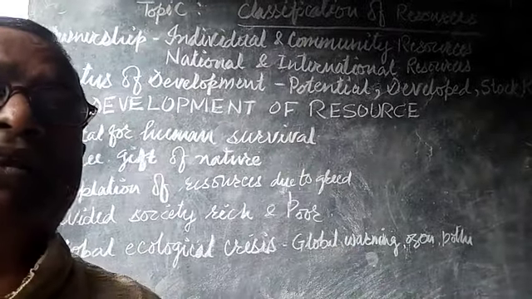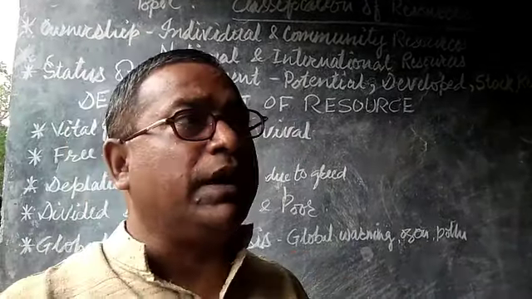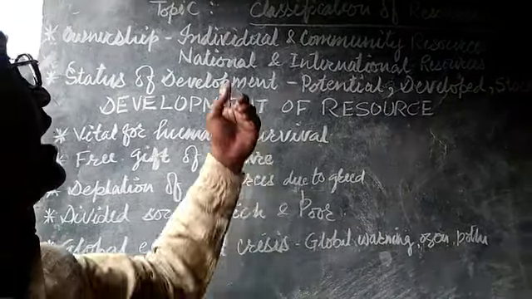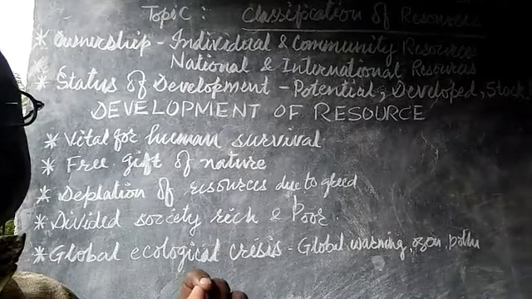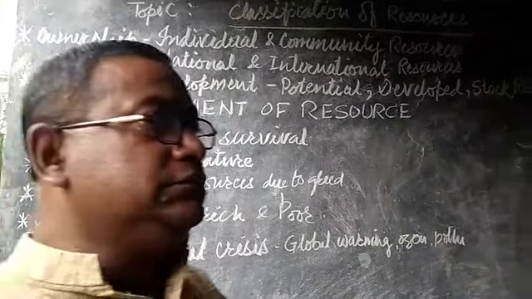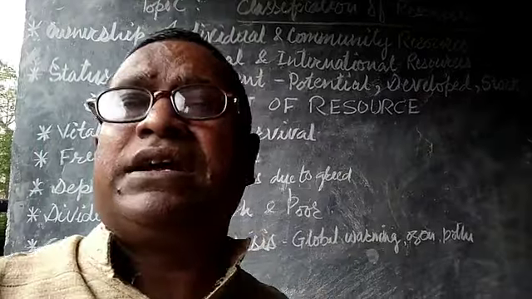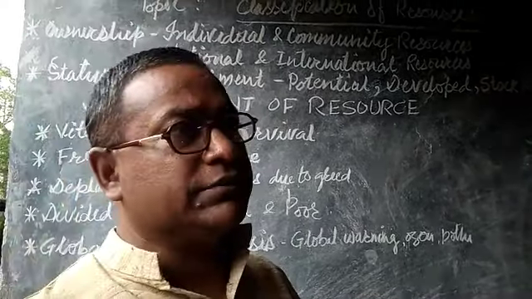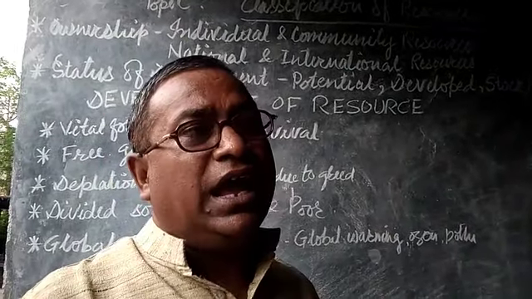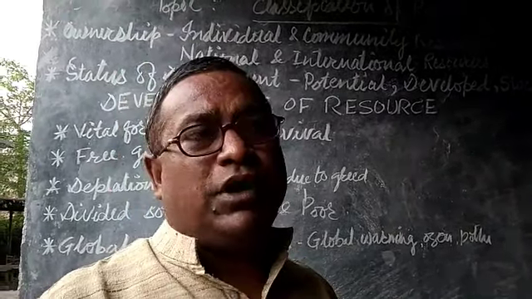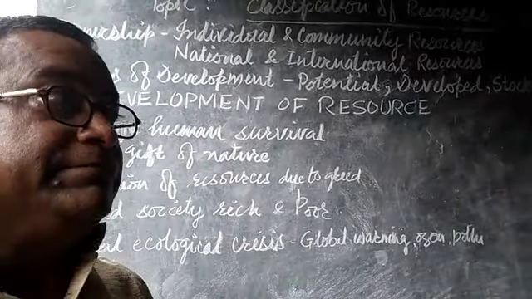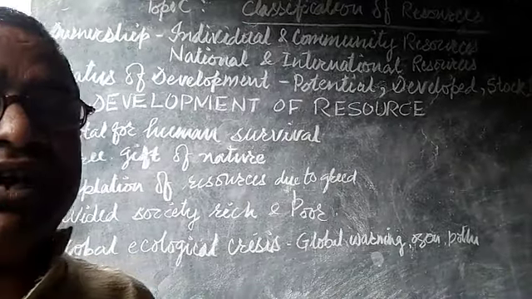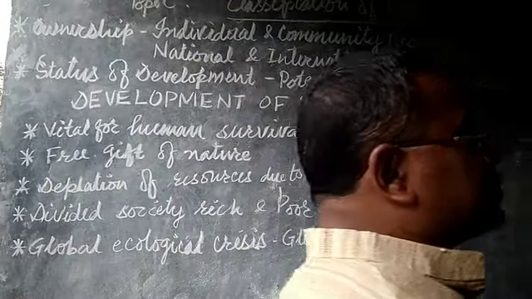Many plots of land, many individual parks, many individual pasture lands are considered individual resources because many people pay the revenue for the fields or lands and get the ownership of that particular land or fields. In this way, these are considered individual resources.